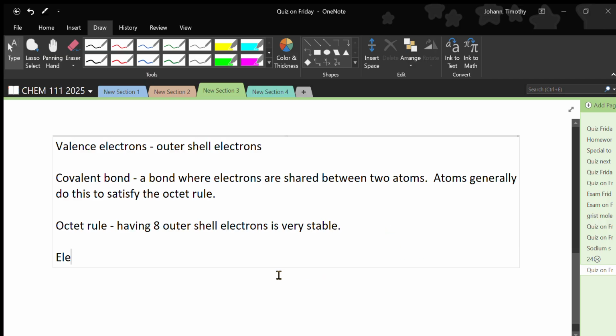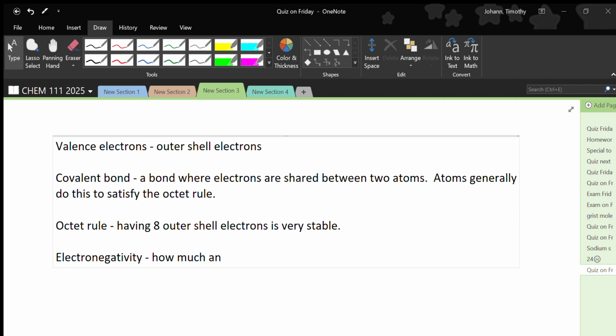So, electronegativity. This is essentially how much an atom wants electrons. It's a combination of ionization energies and electron affinities.